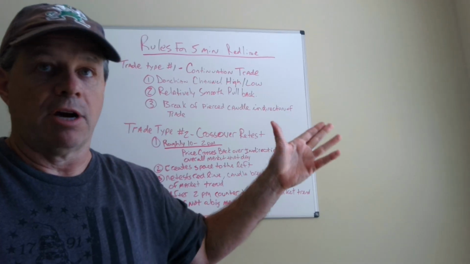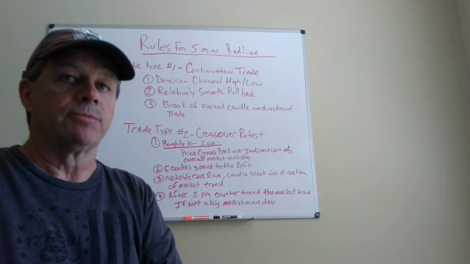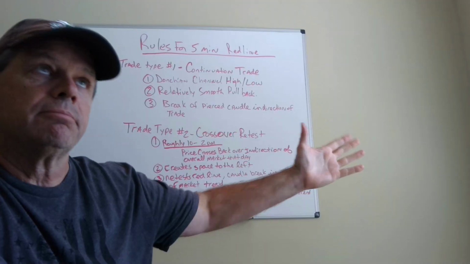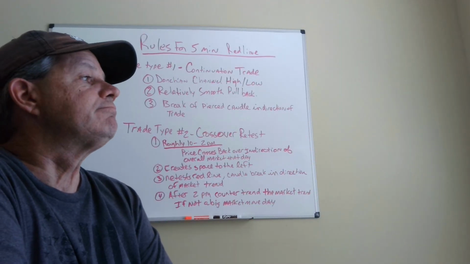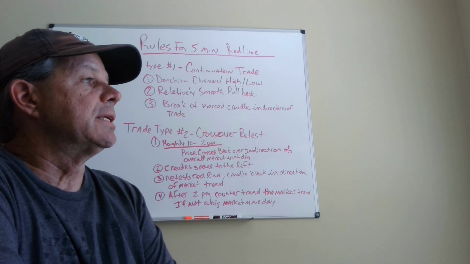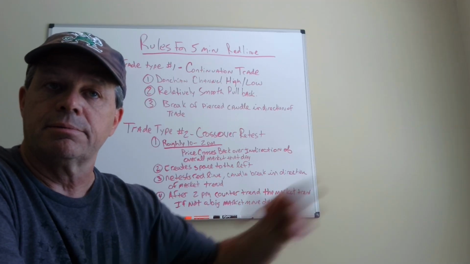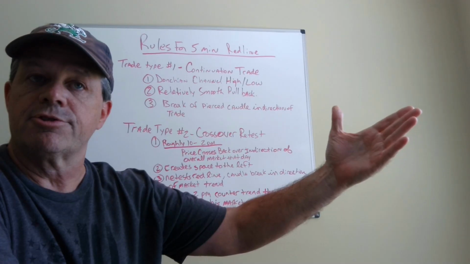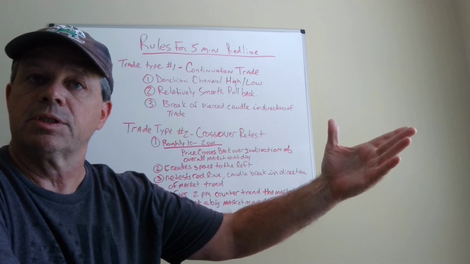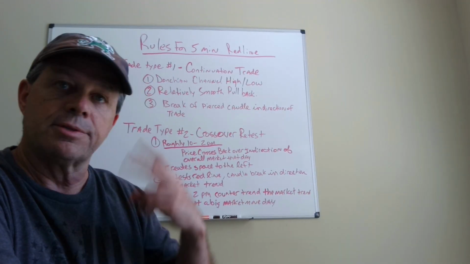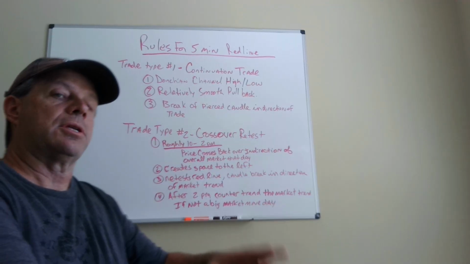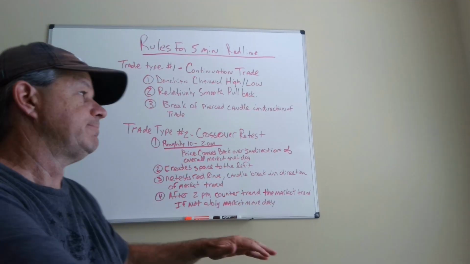It doesn't happen as often as the 1 minute gold line. And the second is a crossover retest in the direction of the market. That's the second trade. So let's talk about them one at a time.